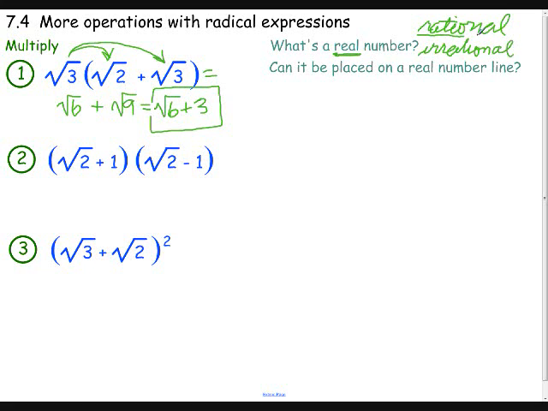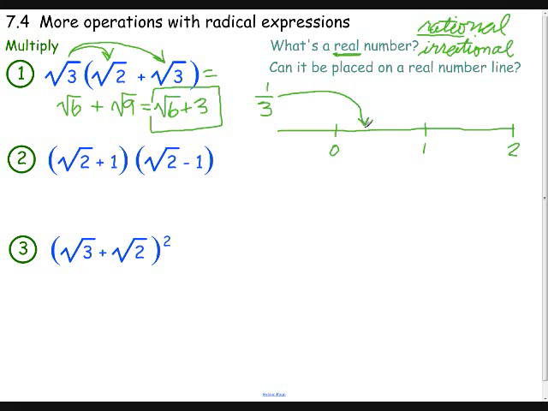Usually we have no trouble recognizing that a rational number, such as 1/3, can be placed on a number line. Let me make my own little number line here. 0, 1, 2. So for 1/3, where would I place that on my number line? Oh, right about here maybe?